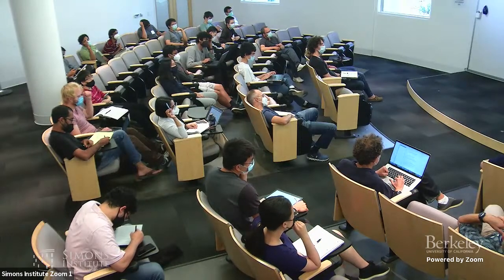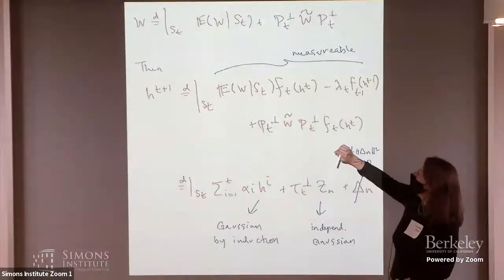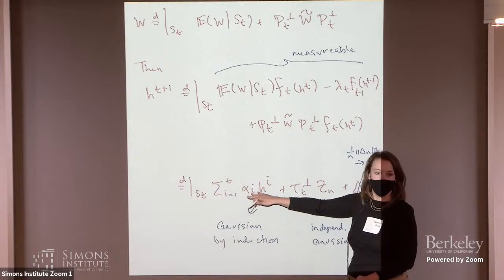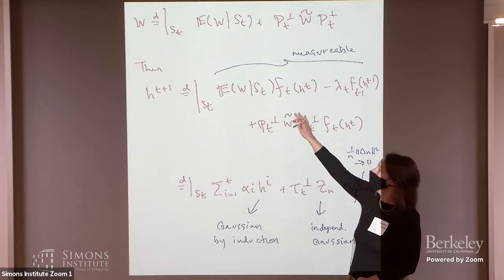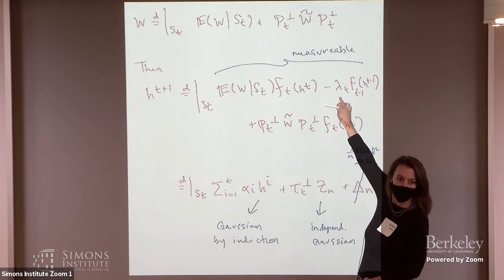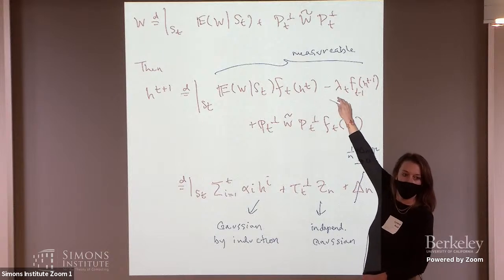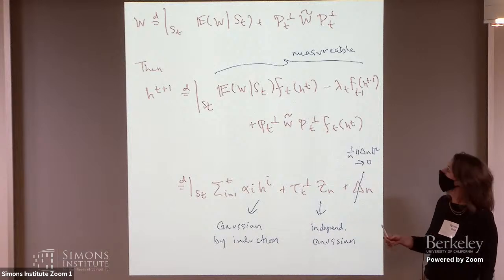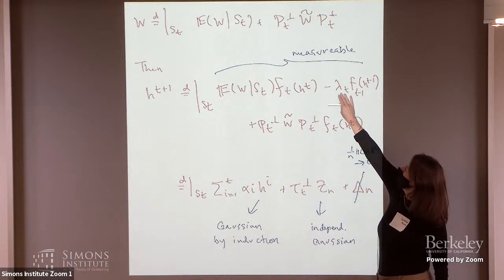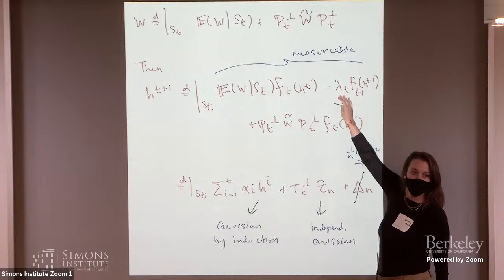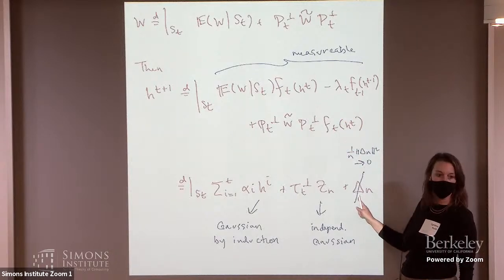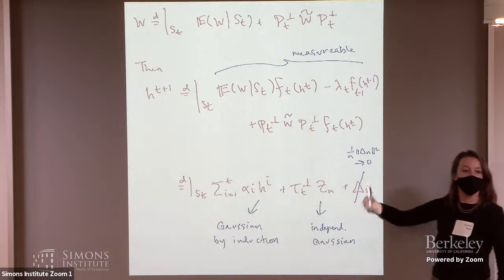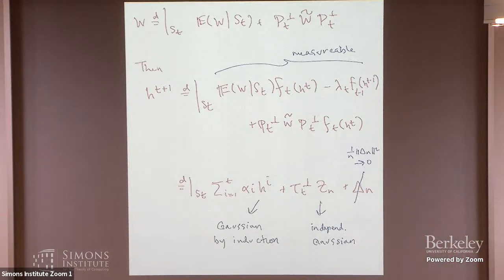So what ends up happening is you get some things up here that go into the Gaussian part, and you get some things that are non-Gaussian, and then this correction term, the Onsager correction term, is chosen so that it asymptotically cancels out those non-Gaussian pieces. So it's essentially this choice here that gives you this going to 0, that ensures that we continue getting the Gaussian as we iterate the algorithm.